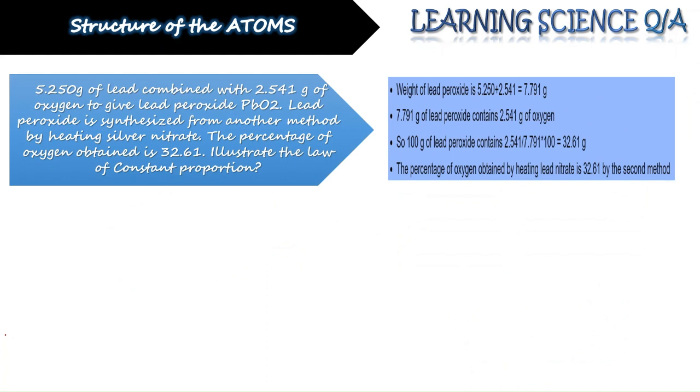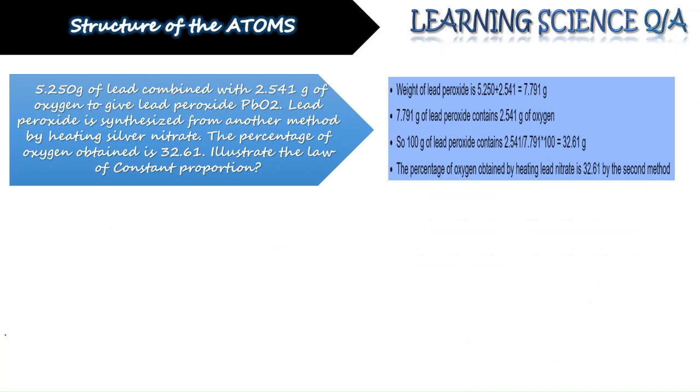So let's read it together. We have 5.250 grams of lead combined with 2.541 grams of oxygen, which gives lead peroxide, which is PbO2. Lead peroxide is also synthesized by another method, by heating with silver nitrate, and from this method the percentage of oxygen obtained is around 32.61.